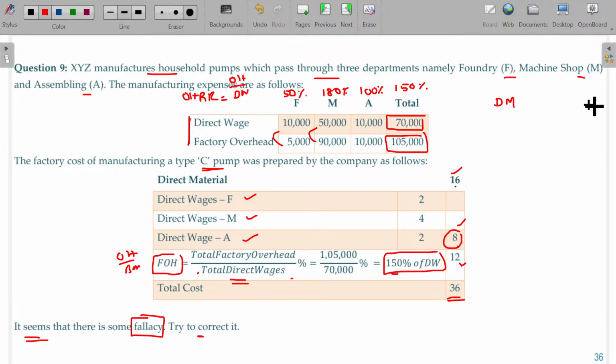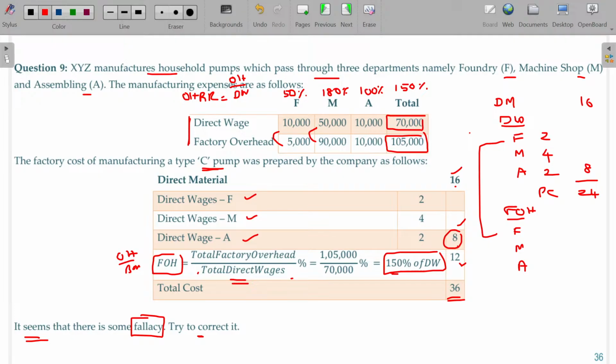Direct material being 16, direct wages for F, M, A: 2 rupees, 4 rupees, 2 rupees, 8. 24 being the prime cost. And factory overhead being for F, M, A. In case of F, what is the value? 50 percentage only will be taken, 1 rupee.